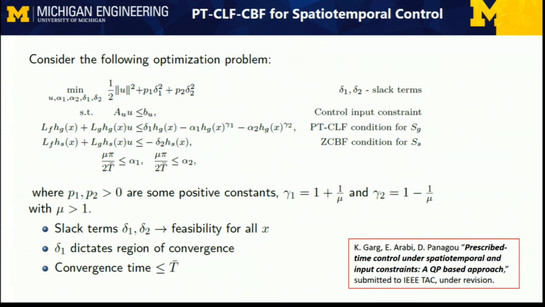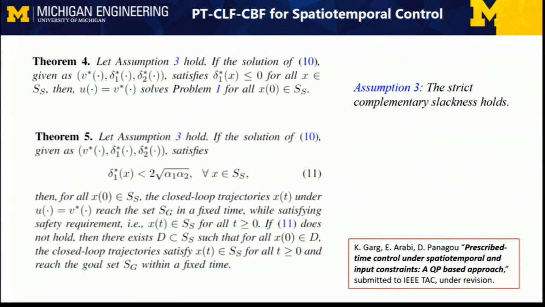If this cannot be met, then the convergence time is going to violate the temporal aspect, but will not violate the safety. Okay, so this is in fact a paper that is currently under revision, so that's why my slides are also a little bit crude on that part.